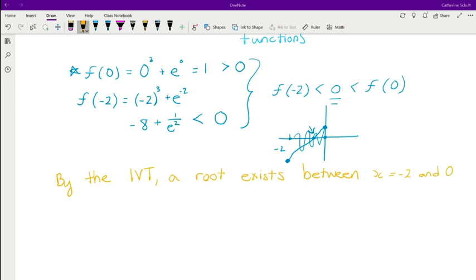That's what your IVT says. Let's call it A. Okay, so then f of A equals 0. So we're calling this spot, and it could be more than one, right? It could cross over several times, but we're going to call it A. So using the IVT, we showed that there's at least one real root.